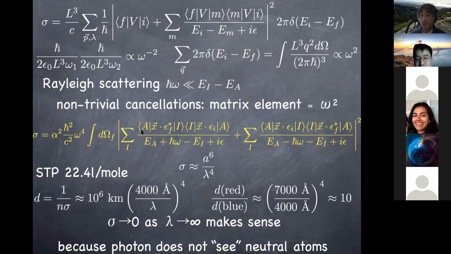Okay. In principle, you can have the excitation of the atomic state from the ground state to an excited state if the energy of the photon is high enough to cause that excitation. But here we are looking at the limit where the energy of the photon is much, much smaller compared to the atomic excitation energy.